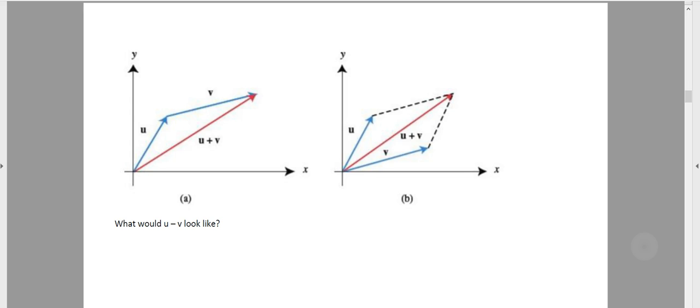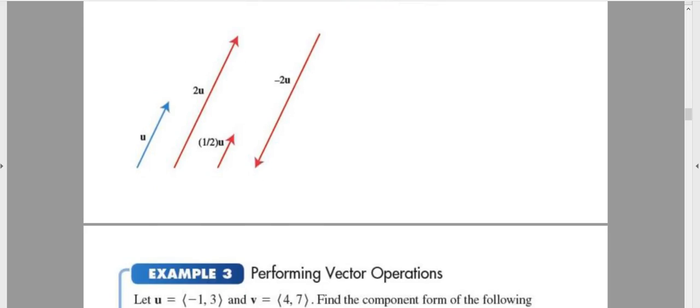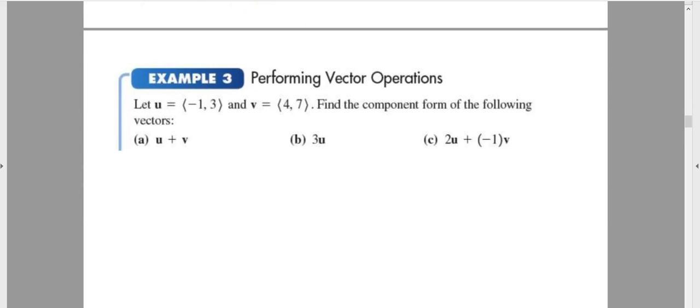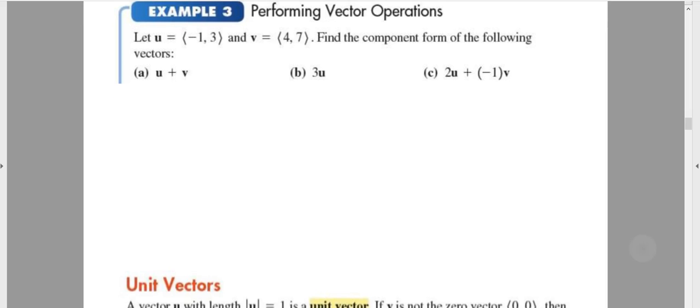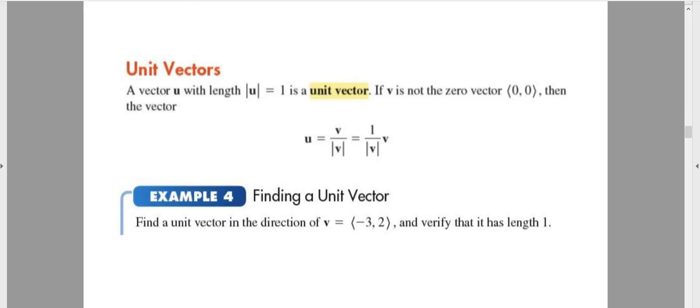You're still adding two vectors together. If you double a vector, you increase the length, but you keep the same direction. The only thing that would cause the direction to change would be a negative multiplier, because then it's going in the opposite direction. So I don't think you probably need to spend time reviewing adding. You're probably pretty good at that.